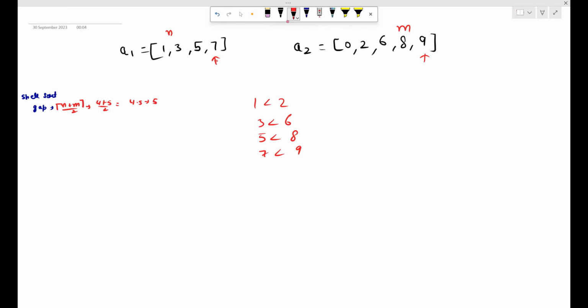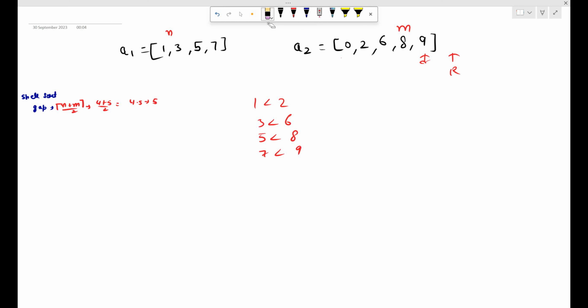We can move. The left will come here and the right will reach the end. Whenever the right pointer moves to the end of the array, that means we are done with the current iteration. So our current iteration is done.